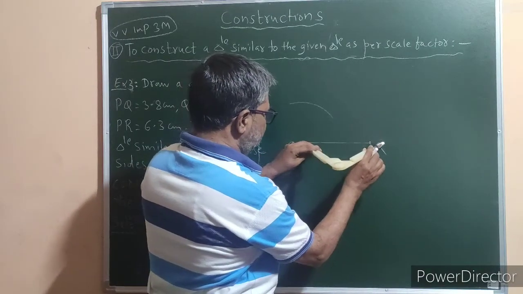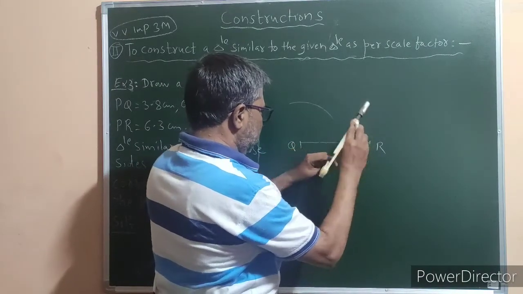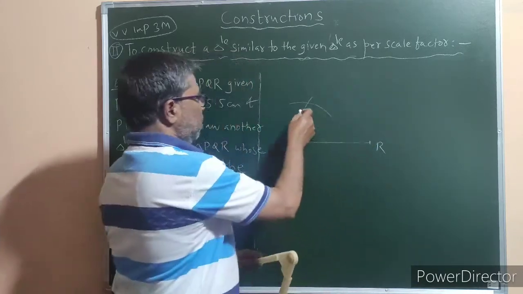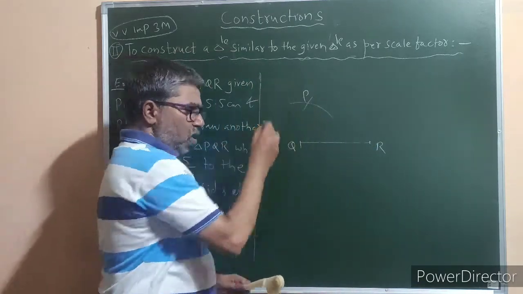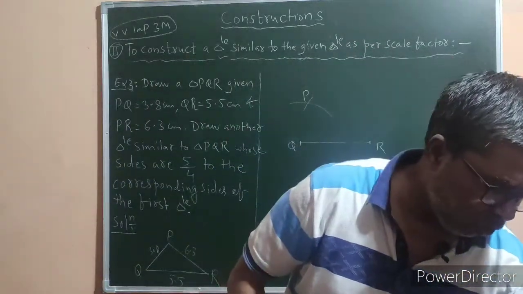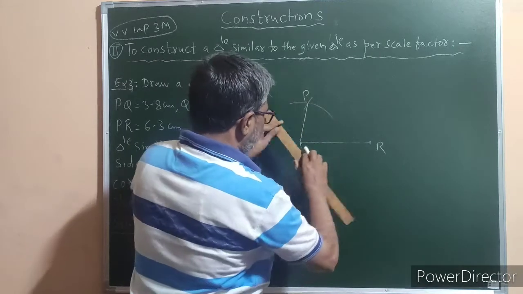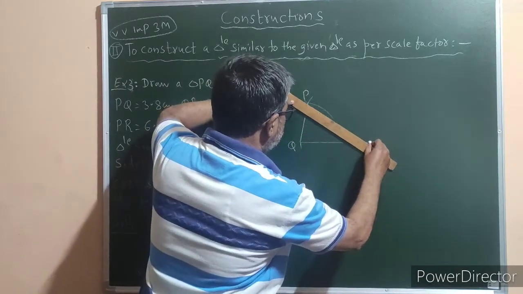Again with the help of scale, draw one more arc assuming R as center to get a point. Call that point as point P.